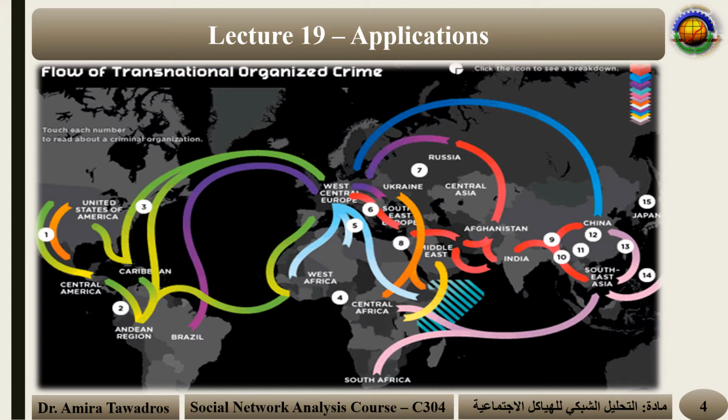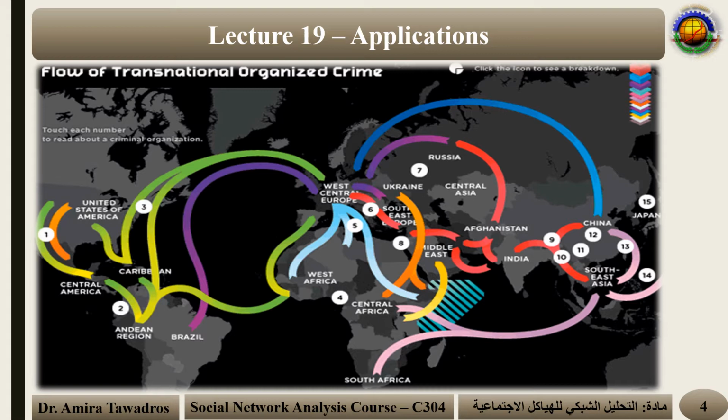These dark networks sustain corruption, money laundering, illicit trafficking, drug trafficking, for example, or human trafficking, children trafficking, and so on. So social network analysis can help us to better understand the dynamics occurring inside transnational organized crime in general, and terrorism or terror crimes in particular.